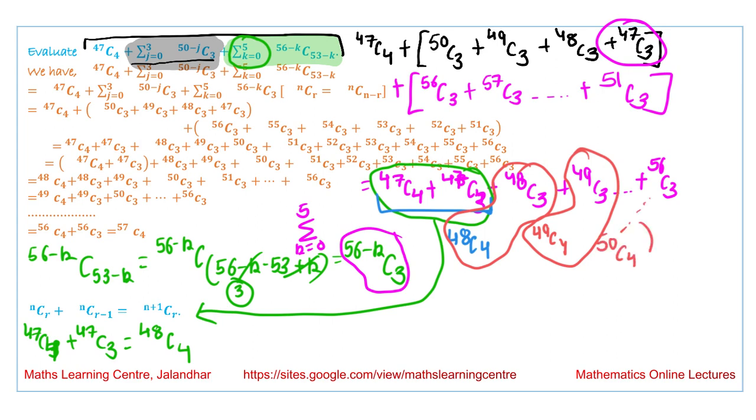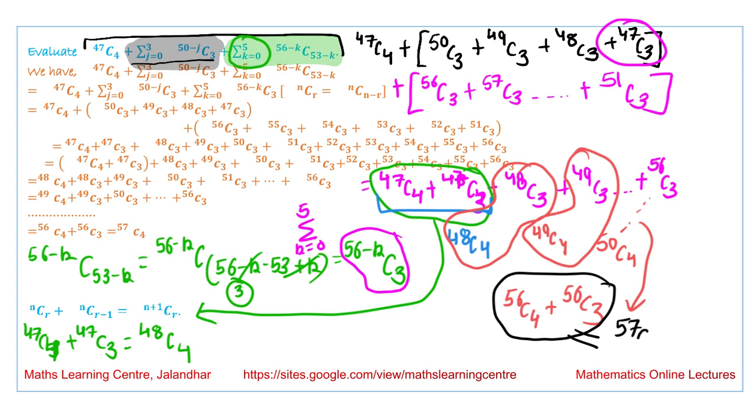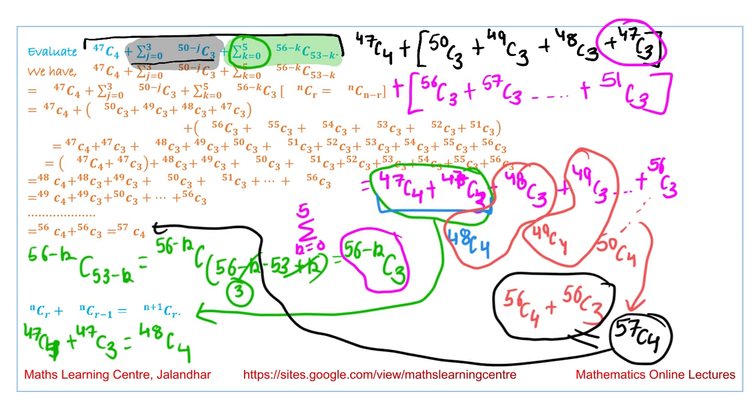Likewise, if we continue, in the end we will have 56C4 plus 56C3, and the sum of these two values is 57C4. This is the required answer: the sum of all these values is 57C4.